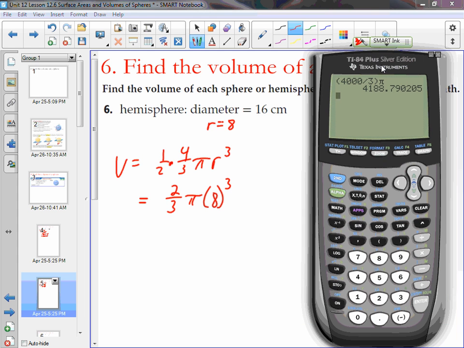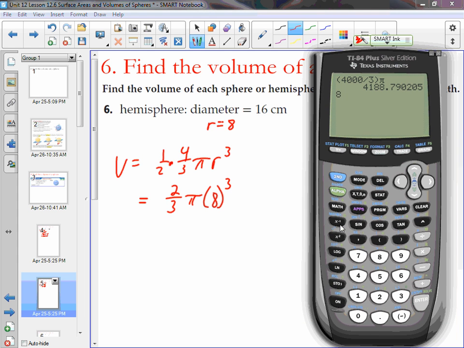Let's get our exact answer first. 8 cubed is 512. Now, maybe I'll write it out. You don't have to write all these steps out if you don't want to. That'd be cubic centimeters.